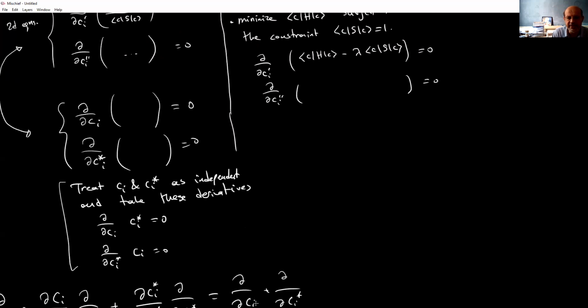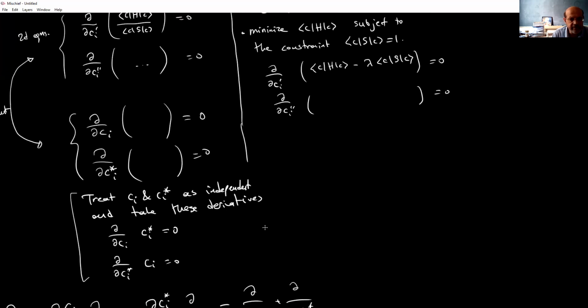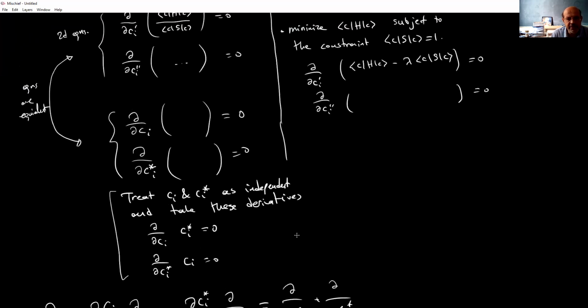When you take the derivatives, they don't make a difference. But some people write it down like that. Okay, but no problem with me. At the end, to compute what the lambda is, you need to use the constraint. So that's also important, but that part's not going to make any difference.